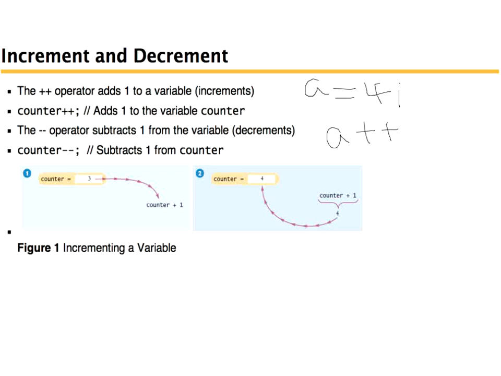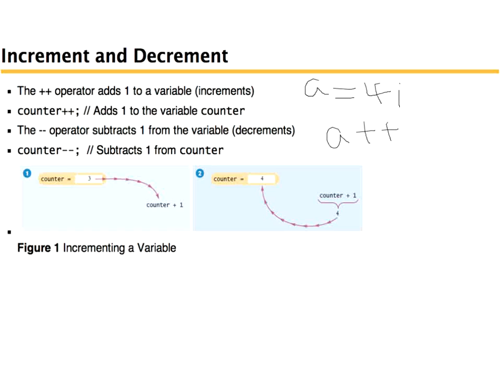We normally use increment and decrement with loops, which I will talk about in the next lecture. If a equals 4 and you have a loop, every time the loop goes, providing the loop is true, you add 1.